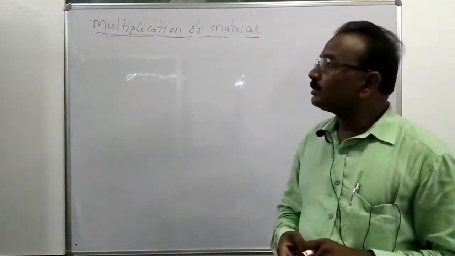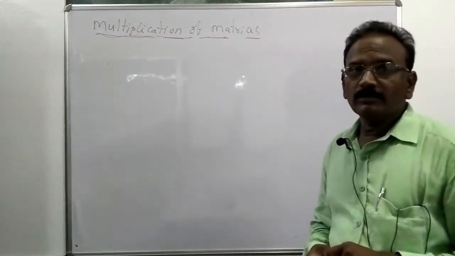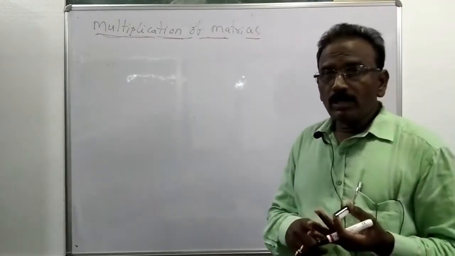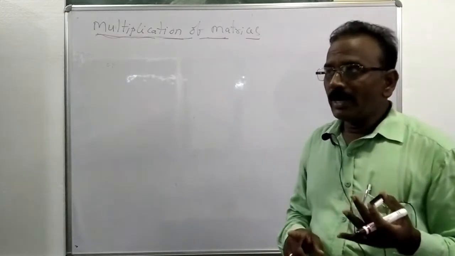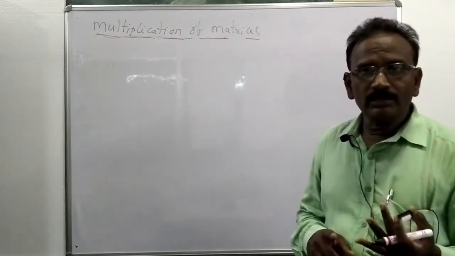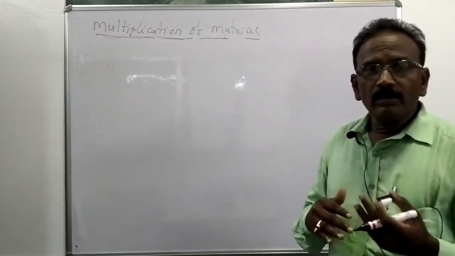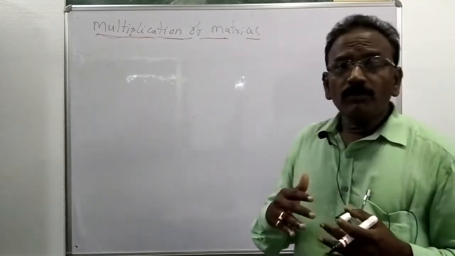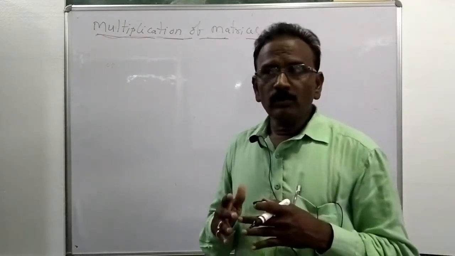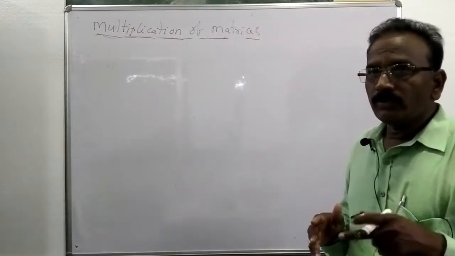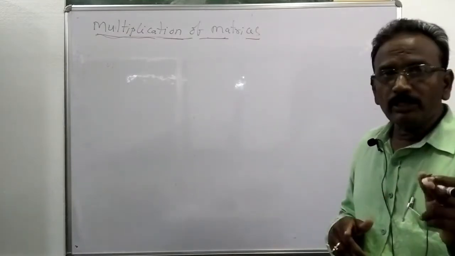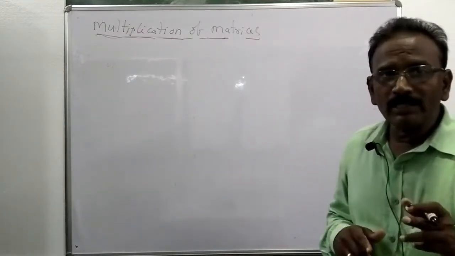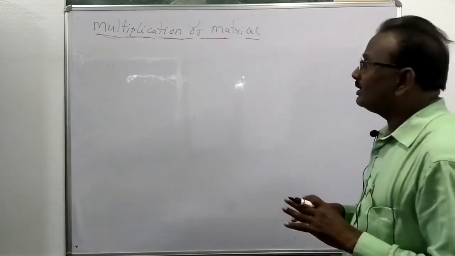So next is multiplication of matrices. Addition and subtraction of two matrices exist when the order of matrix A is equal to the order of matrix B. So if orders are the same, then addition and subtraction of two matrices is possible, otherwise not possible.